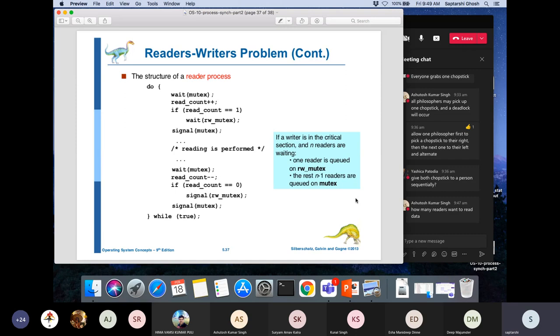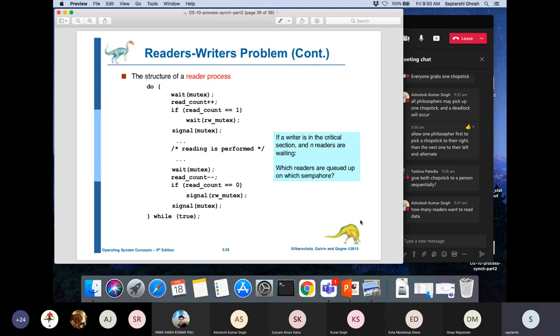So one reader is queued up on RW mutex, and the rest n-1 readers are queued on mutex. The rest n-1 readers first have to update that read count variable, and therefore they are queued on mutex. And the first reader, which came after the writer started writing, is queued on RW mutex.